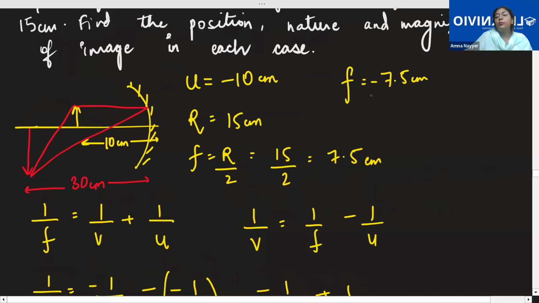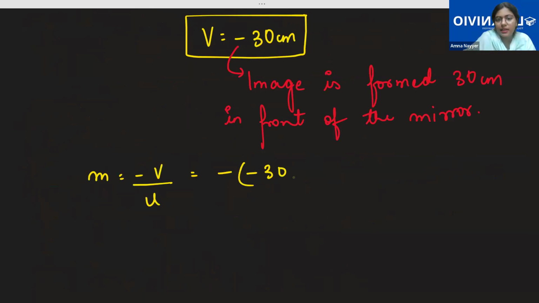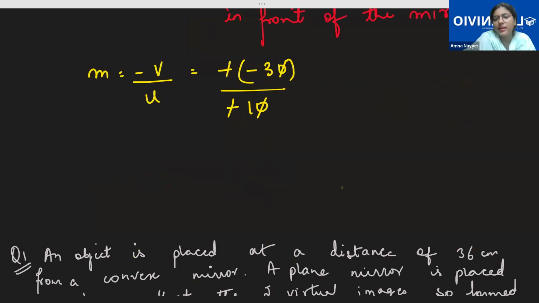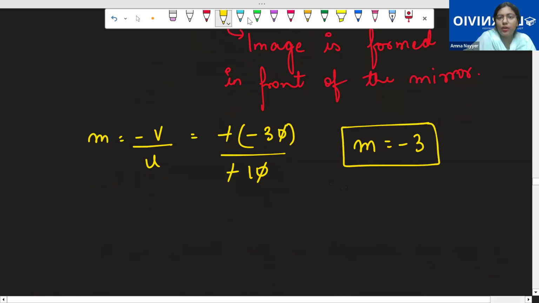Now magnification. See, magnification will be minus v by u. Image distance is minus 30, object distance is minus 10. The minus signs will cancel, the zeros will be cancelled, and the magnification will come out to be minus 3. Now see, what did I tell you? What do you check first?